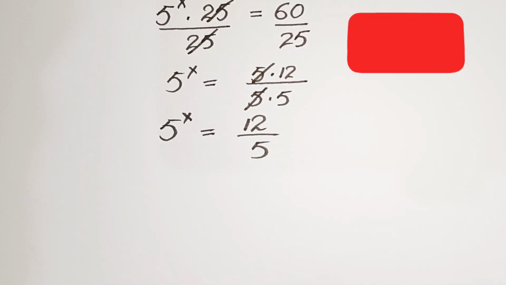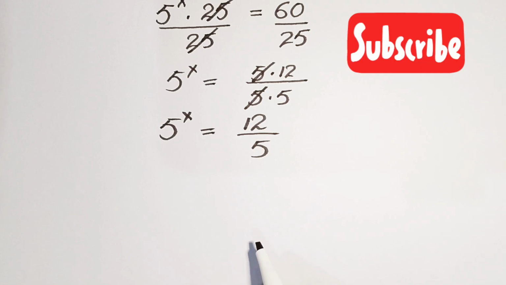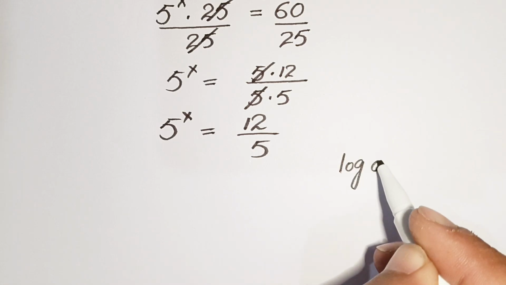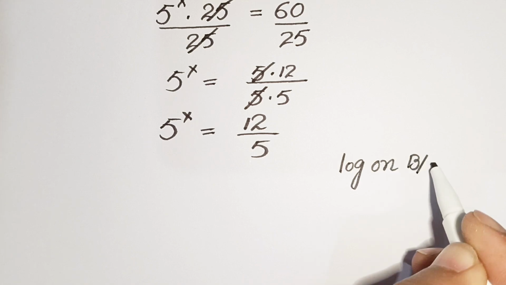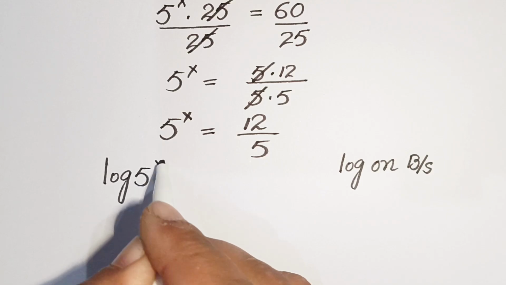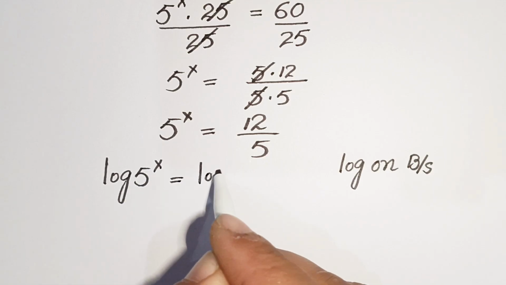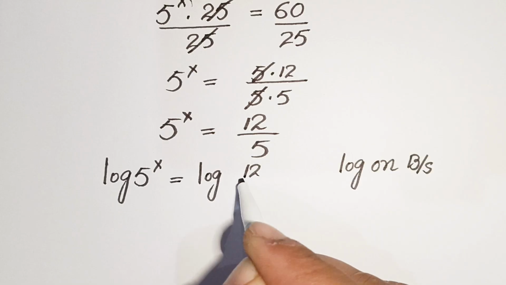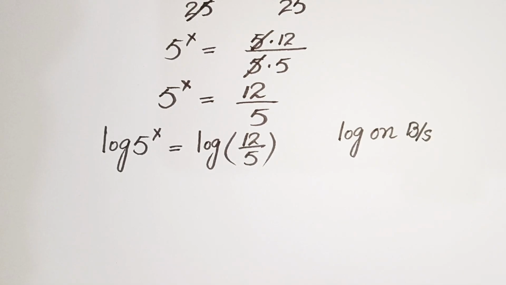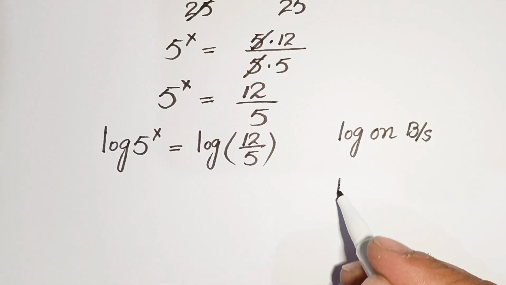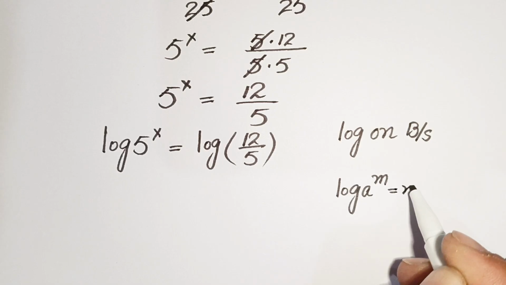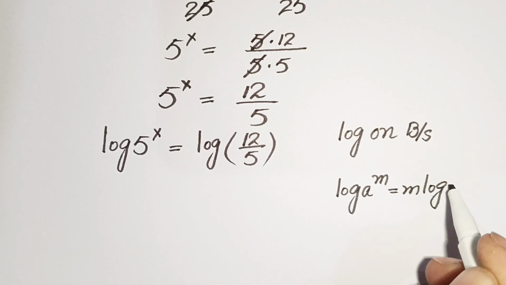Now our next step is to take logarithm on both sides. Taking log on both sides, we get log 5 to the power x is equal to log 12 over 5. Now on our left hand side we use the logarithm law that log a to the power m is equal to m times log a.